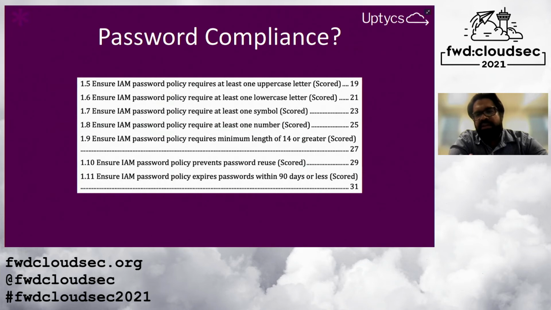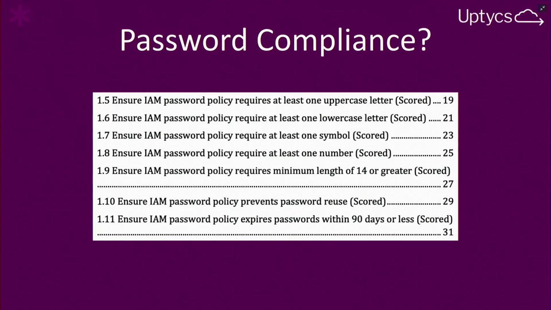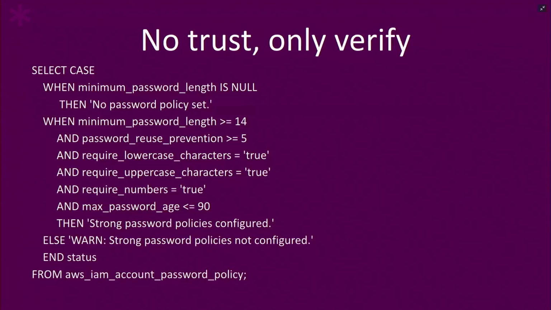And then checking password compliance. Again, different organizations have different requirements for how complex a password can be for a particular user. For example, this is just an example where it says at least one uppercase letter, one lowercase letter, one symbol, one number, all these different checks across the password. We don't trust, we only verify.